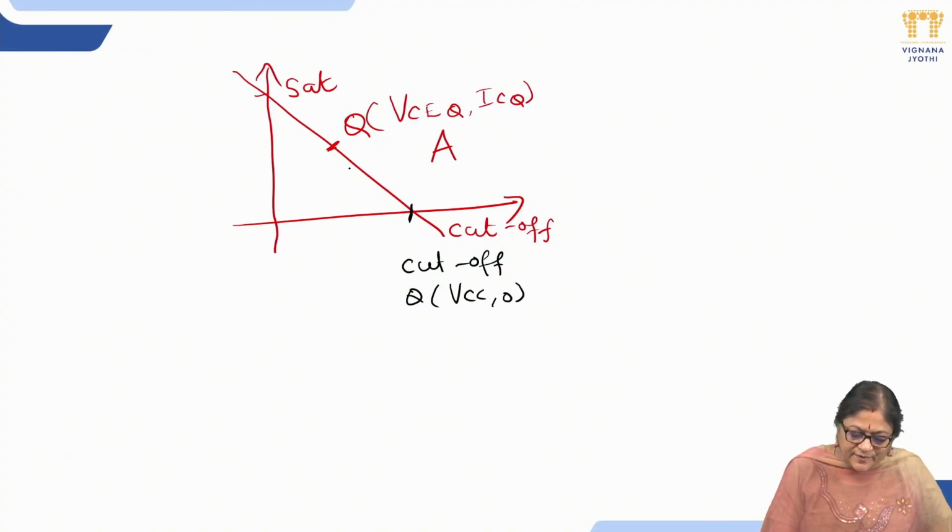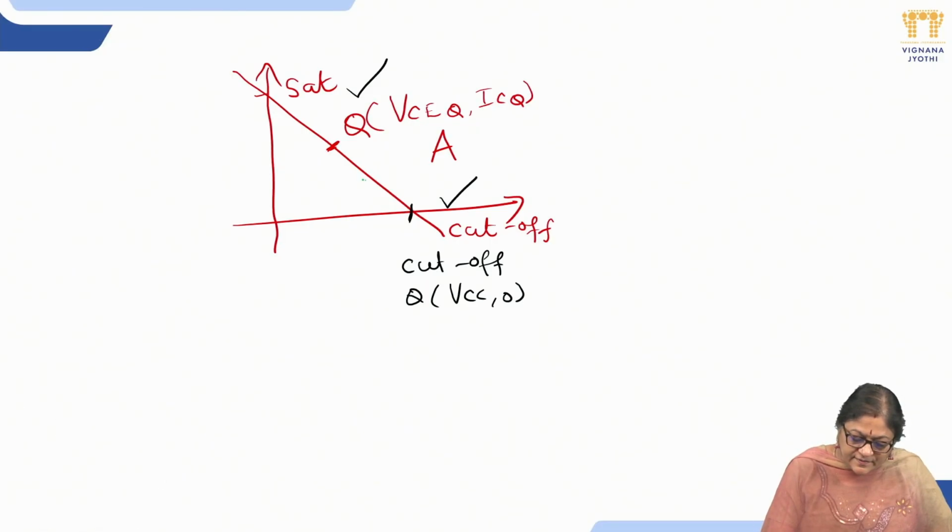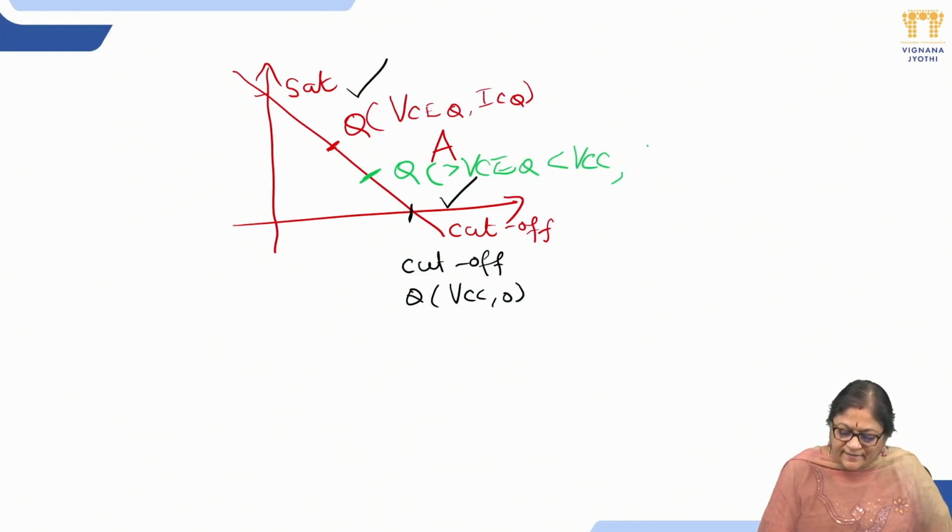Now the operating point should not be in this portion, but in this other portion, where the Q point should be greater than VCQ and less than VCC. ICQ should also be greater than 0 milliamperes and less than the middle point ICQ.